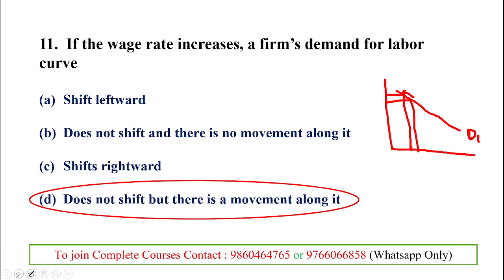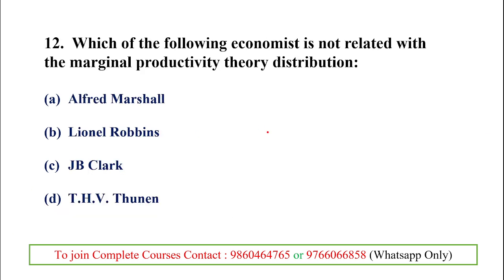Okay, and the next one: the economist who is not related to the marginal productivity theory. Given are Marshall, Lionel Robbins, J.B. Clark, and T.H.P. Thunen. Alfred Marshall is related to marginal productivity, and also Thunen and J.B. Clark.